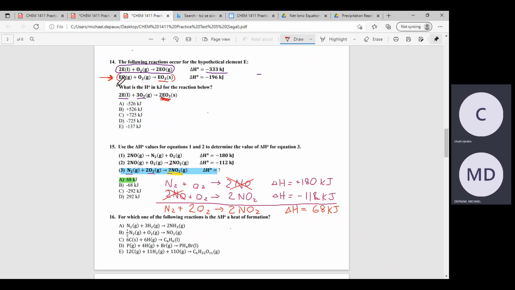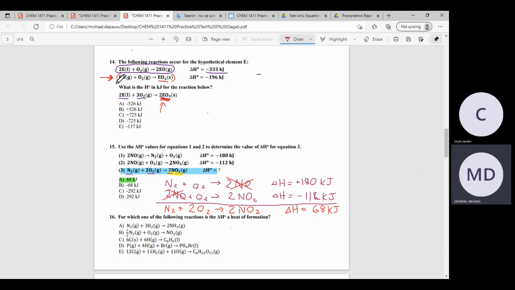You would have to... for the second one, right? Yeah. I'm trying to match the EO3. There's 2 EO3 in my overall equation, and in this equation there's only 1.